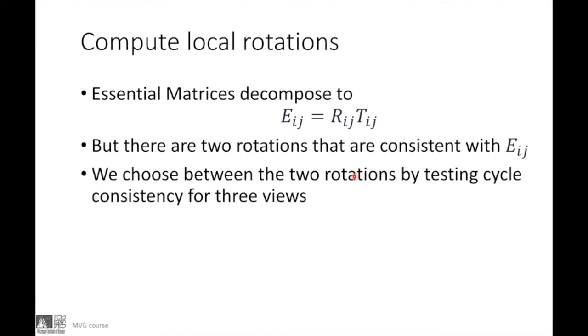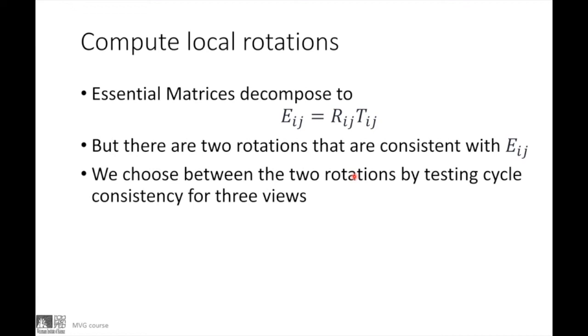Okay. Can you explain again how we can do it without t equal to 0? Okay, so you take your images, you compute the essential matrices, you decompose them into Rij times Tij, into rotations times translation. And now you consider only the rotation. You have 2 possibilities for Rij.